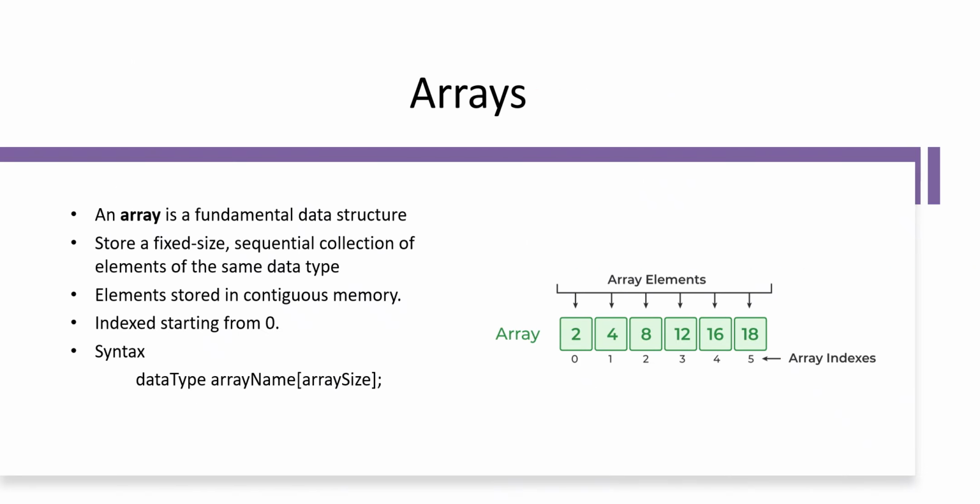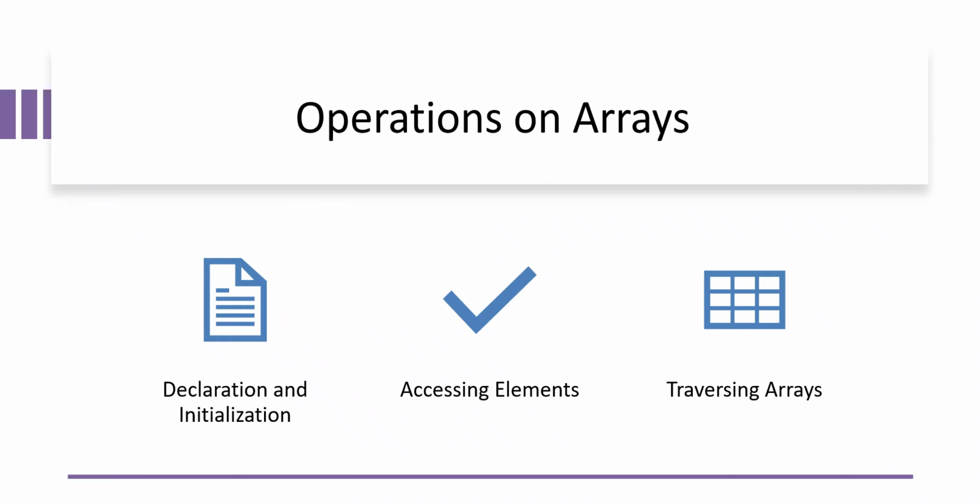Now let us move to arrays. Arrays are a collection of same data type elements stored in contiguous memory locations. Index starts from 0. The syntax for an array is data type, space, array name, within square brackets the size of the array, ended with a semicolon. Example: int arr[5]; Arrays are used when multiple values of the same fixed data type are needed and fast access is required.